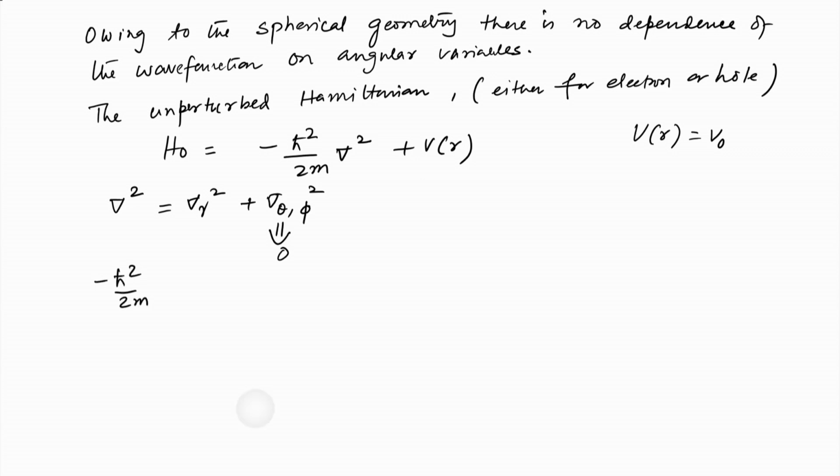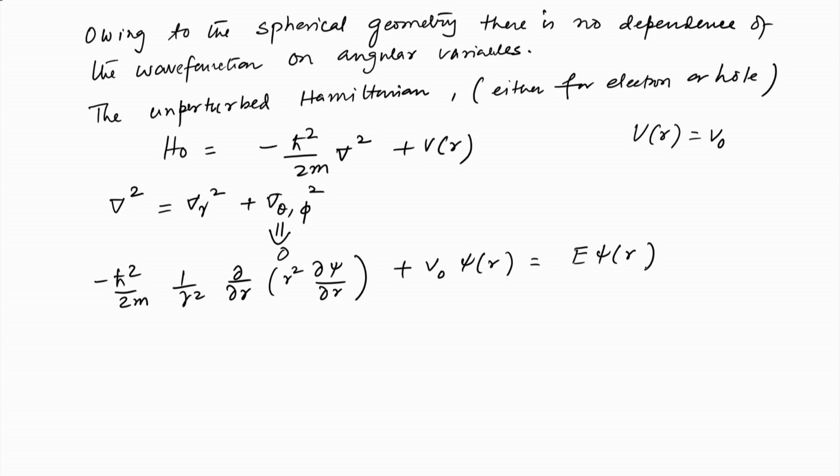So, this h cross square by 2 m, where this m can be the electron mass or the hole mass, and also can be the band mass of each of these particles, which we are not making a distinction at this moment. So, this is equal to 1 over r square del r of r square del psi del r plus V 0 psi of r equal to E psi of r.